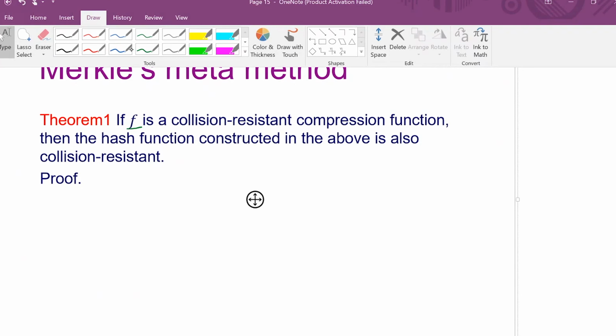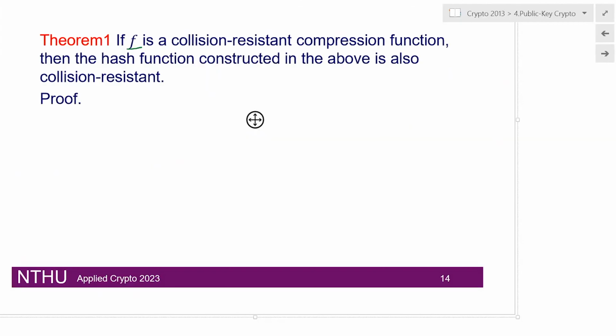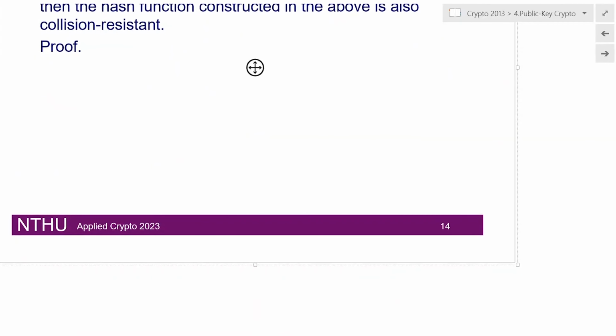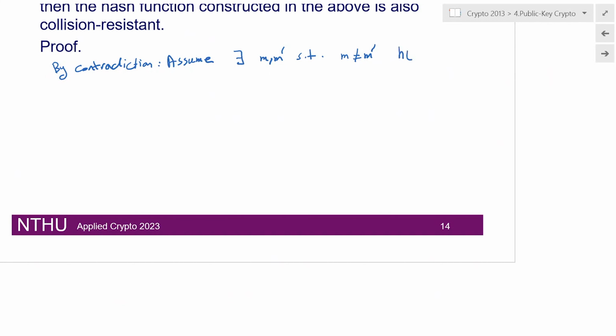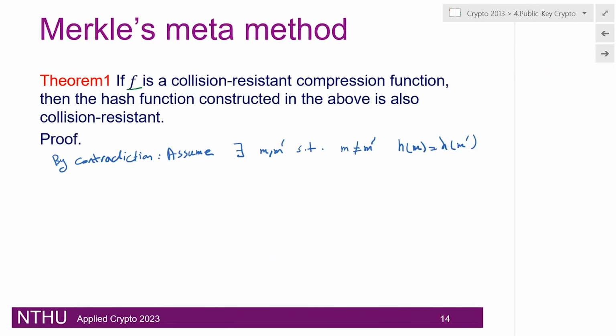To prove this idea, we would start with a contradiction. By contradiction, assume there exist some m and m prime such that m is not equal to m prime, but the hash of m is equal to the hash of m prime. By contradiction, we assume that there is such a thing.